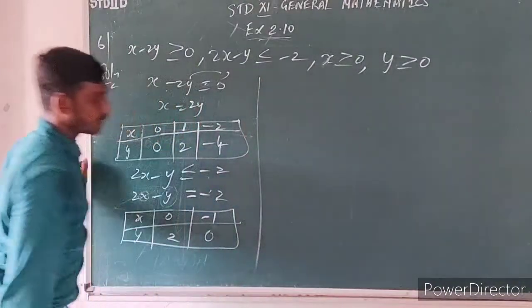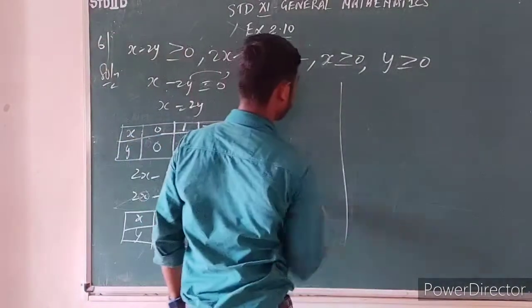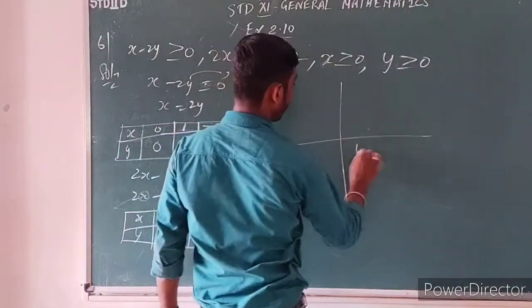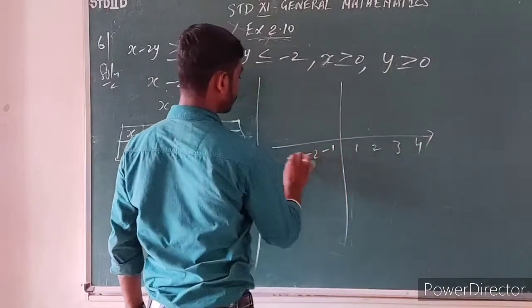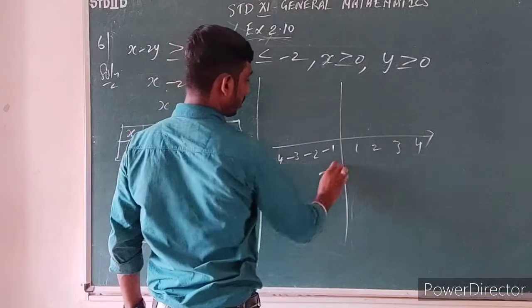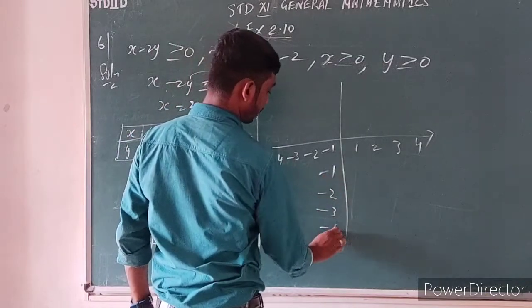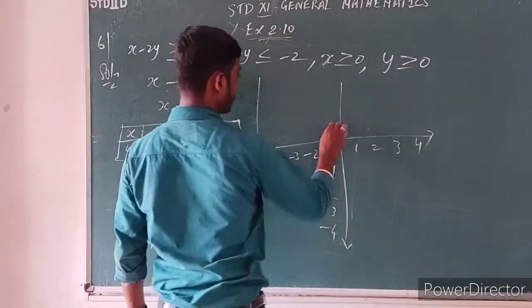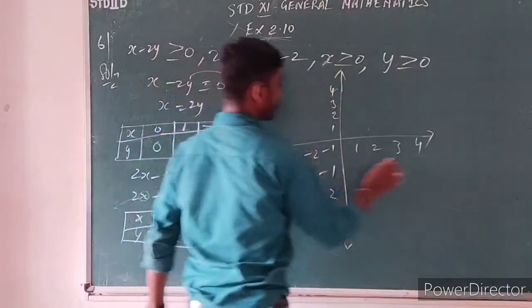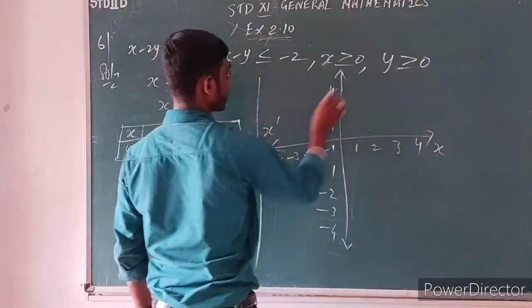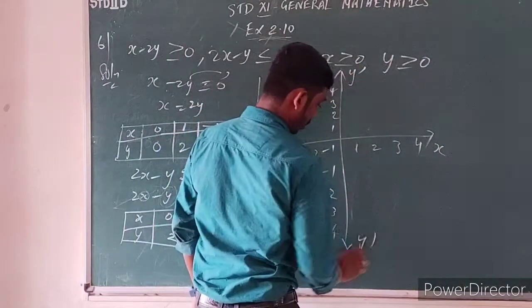Let's draw the graph here. Let's plot the points. 1, 2, 3 and 4, minus 1, minus 2, minus 3, minus 4 on both axes. So 4 is the highest point here. This one is x dash, then y dash.